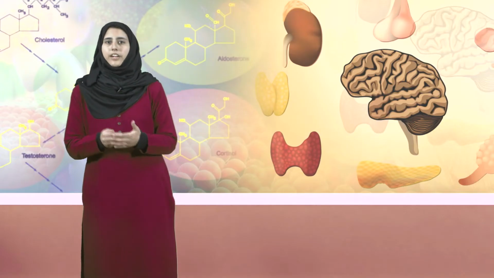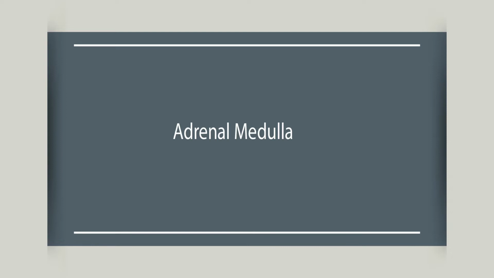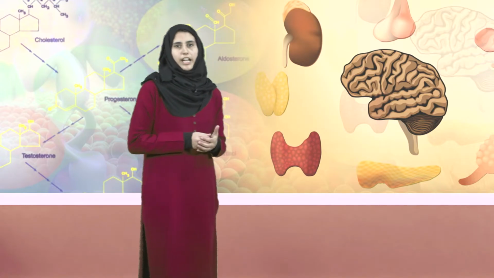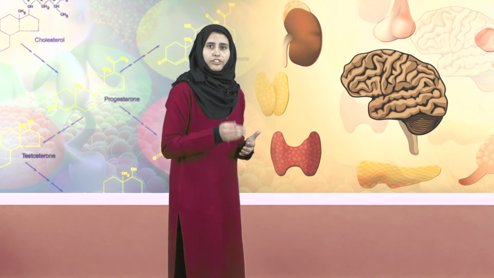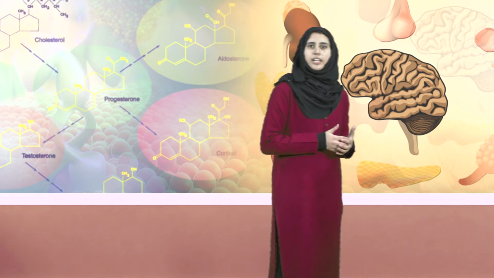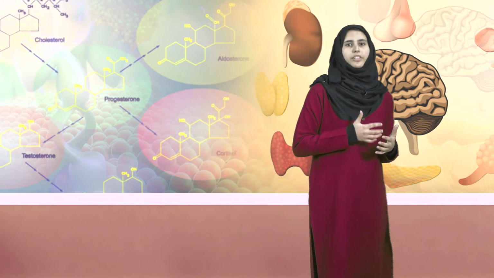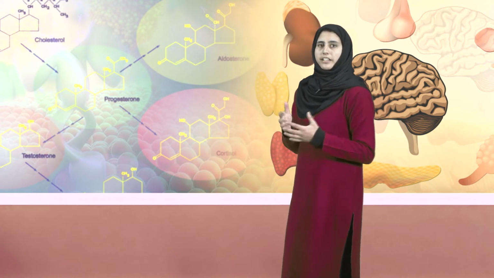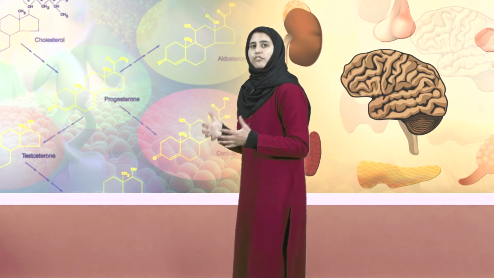Now, the adrenal medulla. The adrenal medulla is the inner region of the adrenal gland. It is a modified sympathetic ganglion of the autonomic nervous system. It develops from the same embryonic tissue as all other sympathetic ganglia, but its cells lack axons and form clusters around large blood vessels.